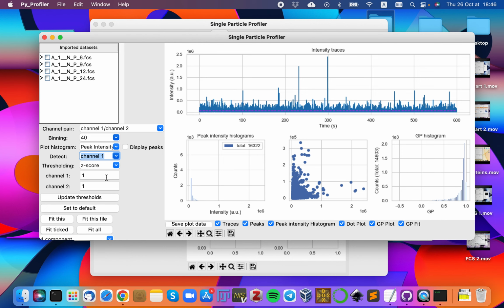But if you succeed in doing such a calibration, you can also convert these histograms into not only GP but a number of RNA or some other value that will represent them.